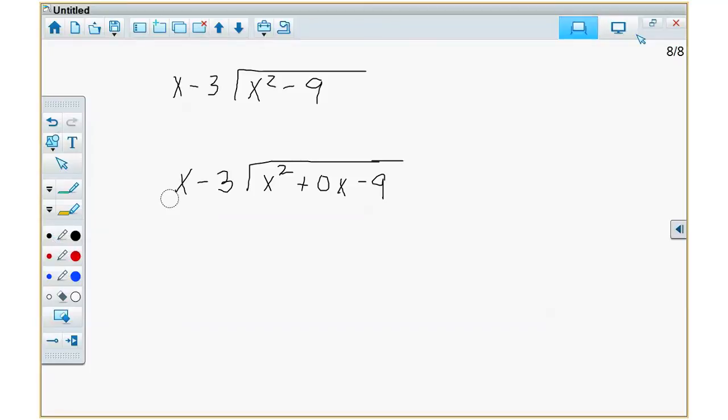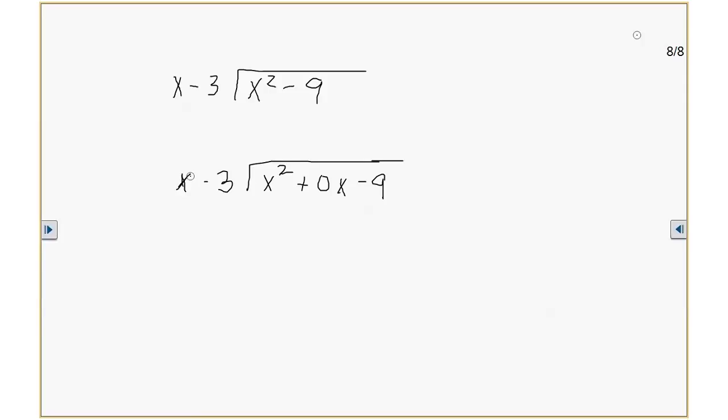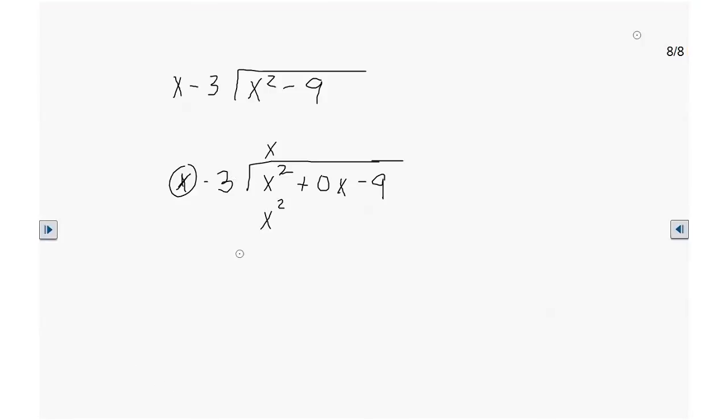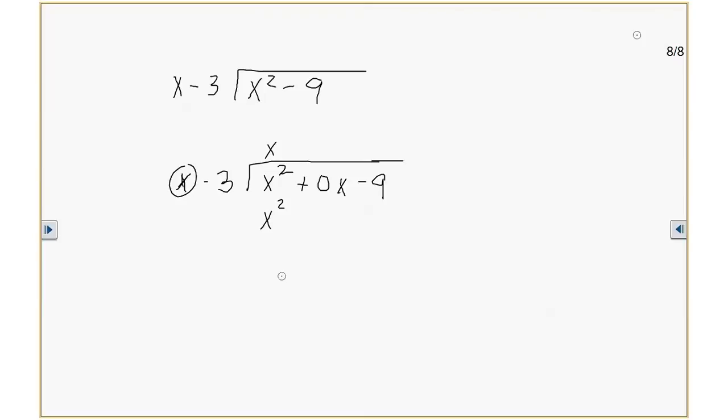Alright, how many times will x go into x squared? X times. Thank you, class. So x times x is x squared. X times negative 3 is what? You always subtract. That turns this into a negative and this into a positive. This goes out like it's supposed to.